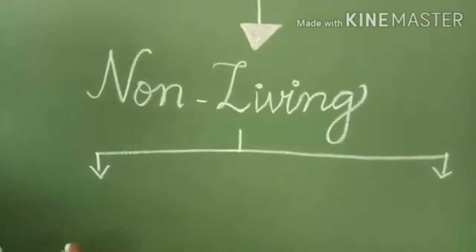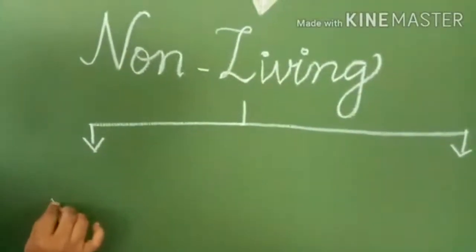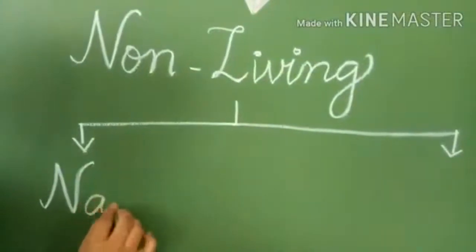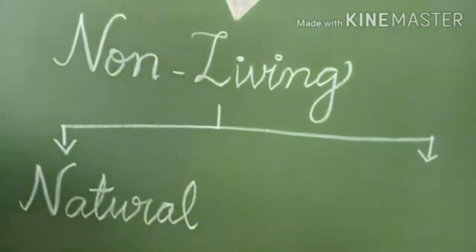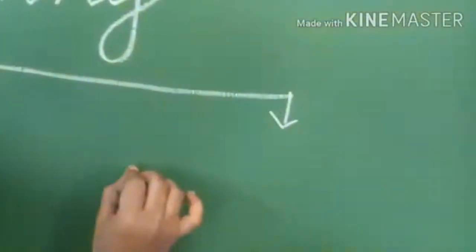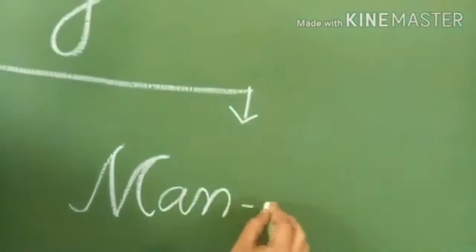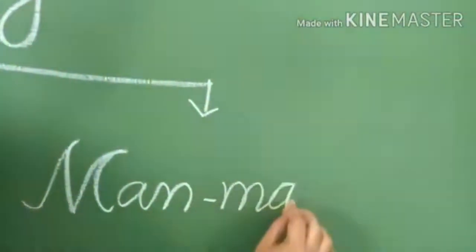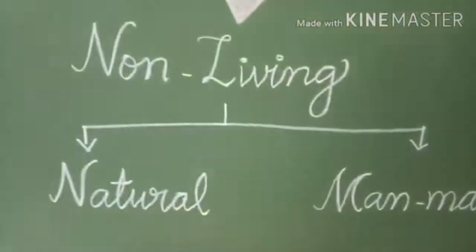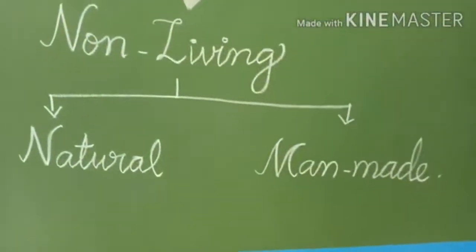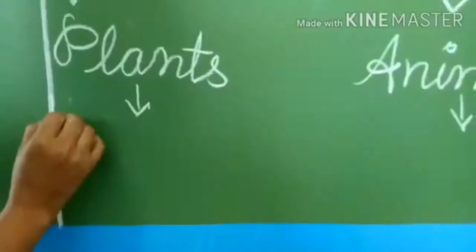Similarly, non-living things also divided into two types. They are natural, NATURAL, and man-made, MAN-MADE. So non-living things divided into two types. What are they? Natural and man-made.